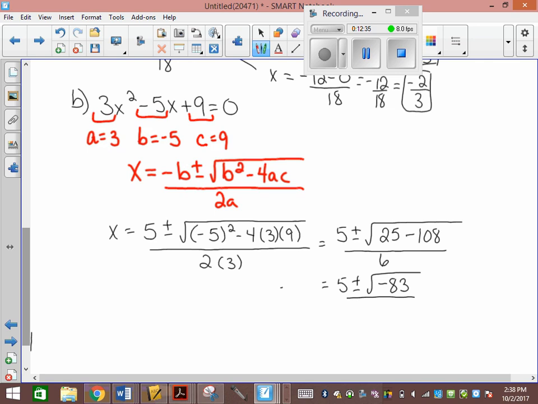So we get 5 plus or minus the square root of negative 83 over 6. Can we take the square root of a negative? No. How many x-intercepts are there? None. If you punch 3x squared minus 5x plus 9 into your calculator, the entire graph is above the x-axis.